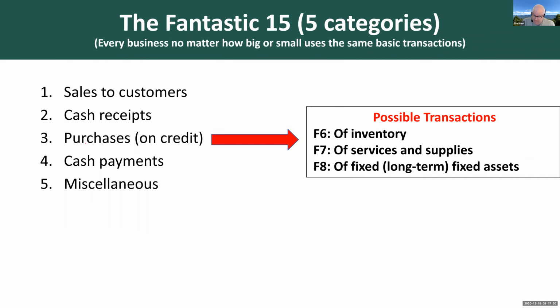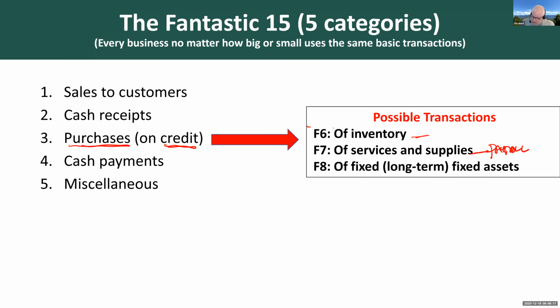The other ones, I could buy stuff and I could buy stuff on credit. So this doesn't involve me paying cash immediately. And so I could buy some inventory and I'm going to rely on my supplier to allow me to pay them a little bit later. I can buy services and other supplies. So this would include payroll, office supplies, other miscellaneous things that are kind of happening.